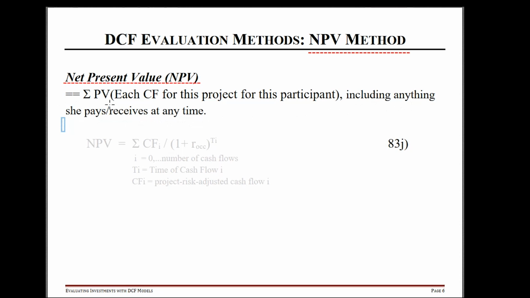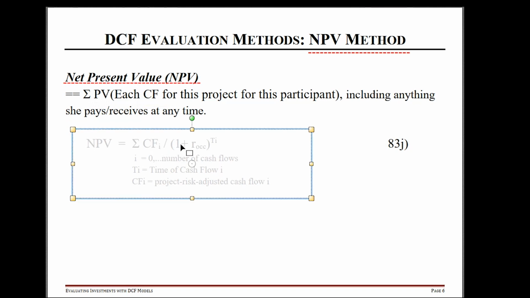So first, for each cash flow that she hopes to get, she has to put out as a cost in the beginning of the project. We're going to present value each one of those individually, and then we're going to add them up, and that's called the net present value of the project for that participant.